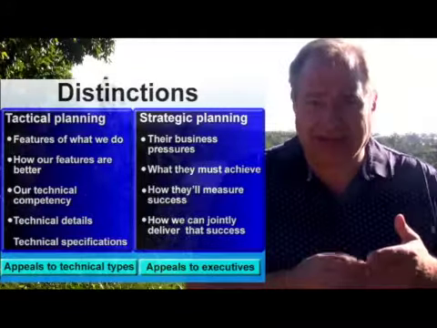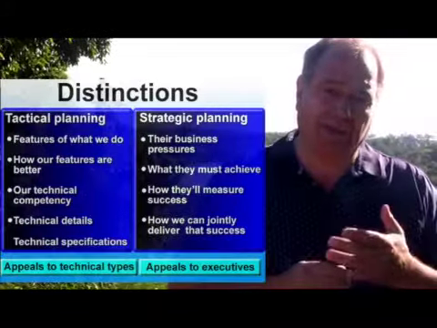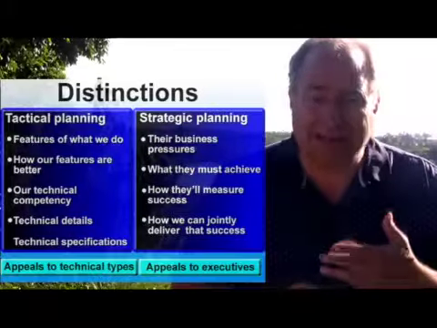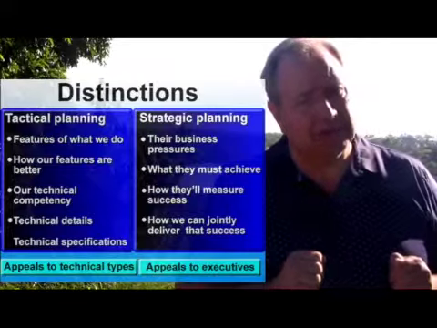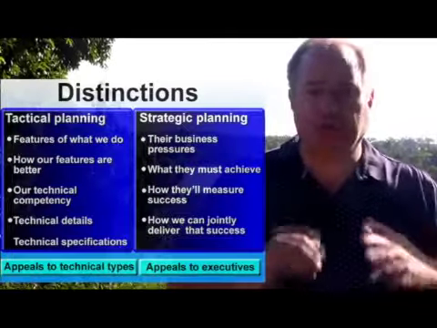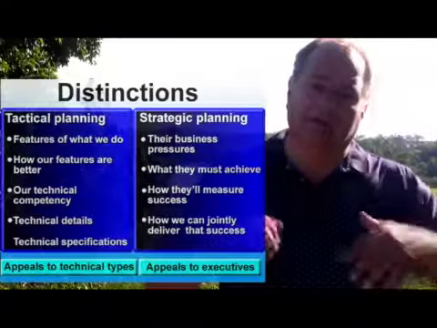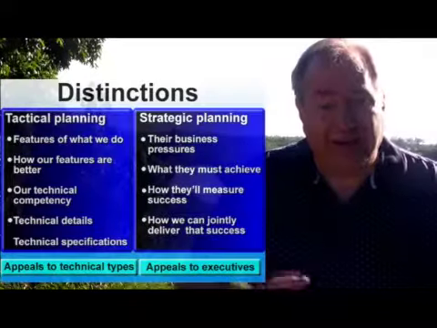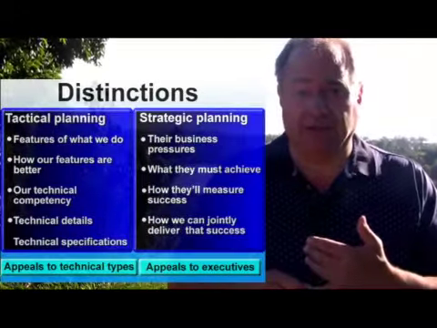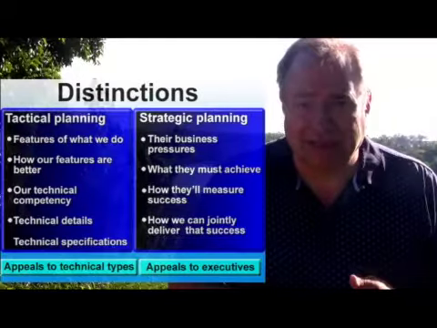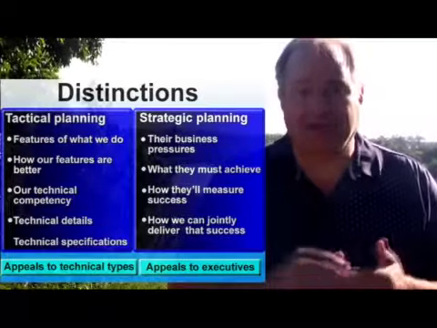We're talking about that kind of stuff, and we're talking about our competency to deliver those things, how much we know about noise abatement in the workplace, how much we know about ergonomic design of office spaces and cubicles. Interesting technical details, but not to an executive. That's not at a strategic level.